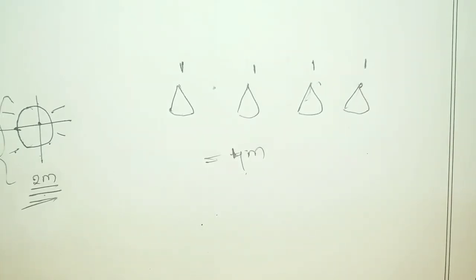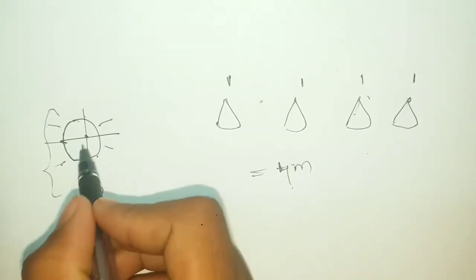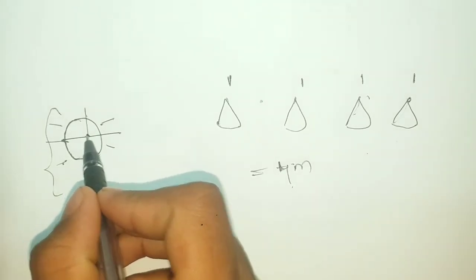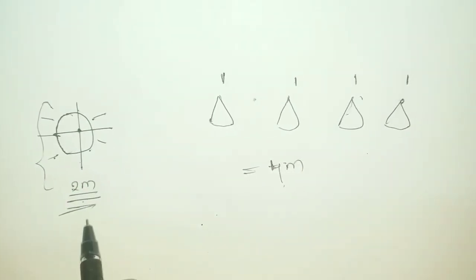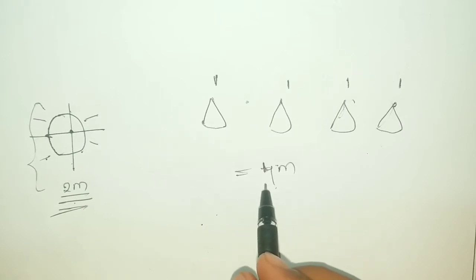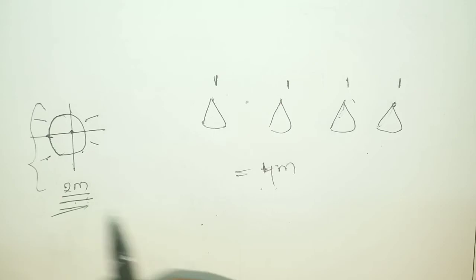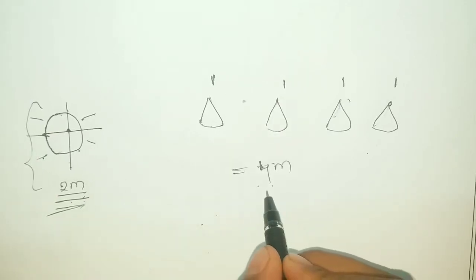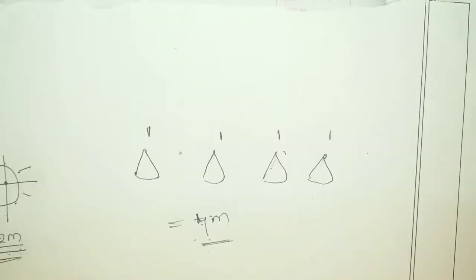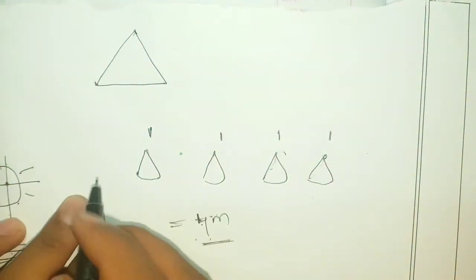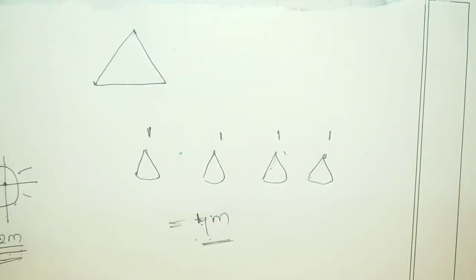Here we decrease the particle size by cutting it, and the surface area increases. First the surface area is 2 meters, and when we cut it, the surface area becomes 4 meters. As a general example, consider a samosa: as the particle size decreases, the surface area increases.